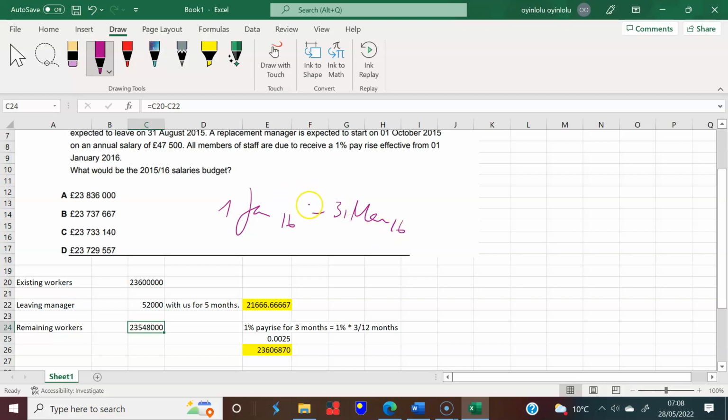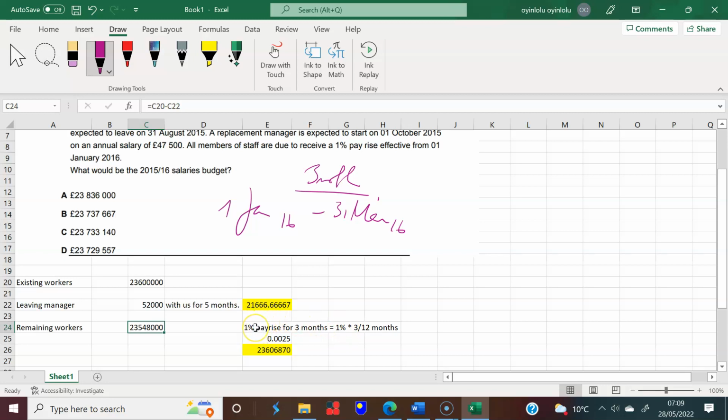So that's 3 months, isn't it? It's really the 1% times 3 months, which is 0.0025.